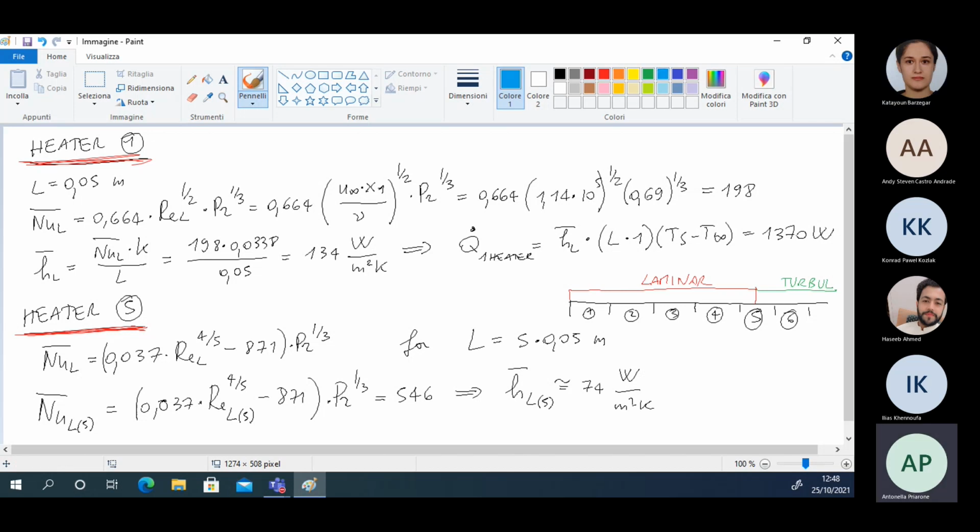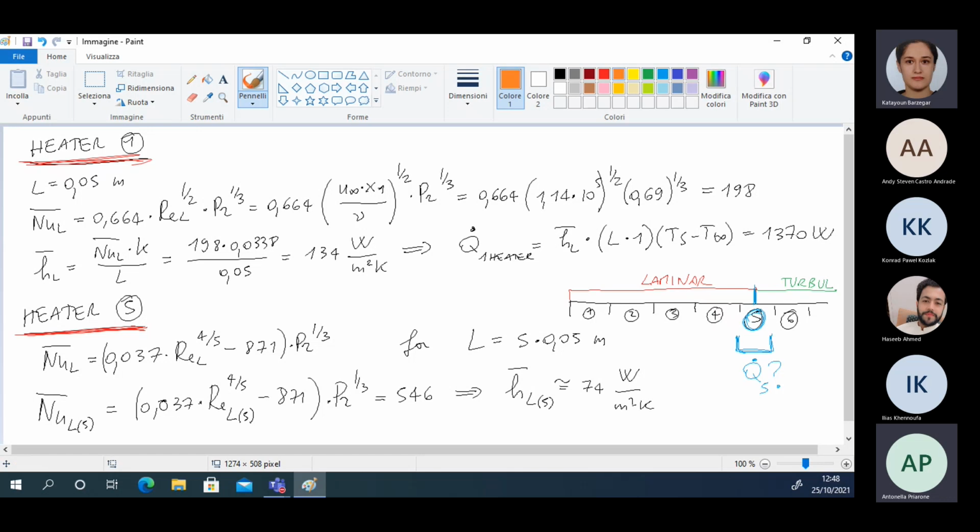Heater 5 is in the middle of the transition. So to estimate the transfer rate of heater number 5, I do this calculation.